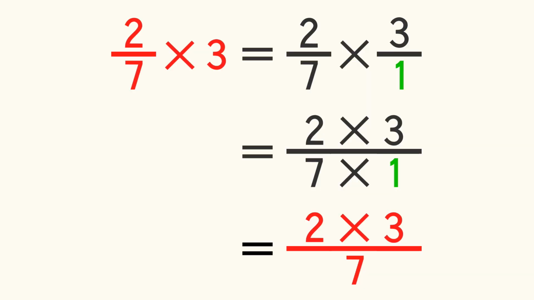Moreover, our calculation technique for multiplying fractions allows us to multiply a fraction by a whole number. Here we can think of the whole number as a fraction with a denominator of 1 and a numerator equal to the whole number itself. This way, the multiplication becomes a case of fraction multiplied by fraction, so we can use our calculation technique for multiplying fractions.